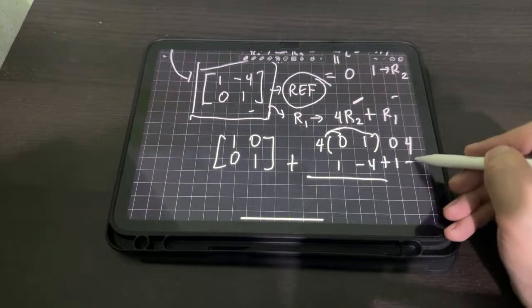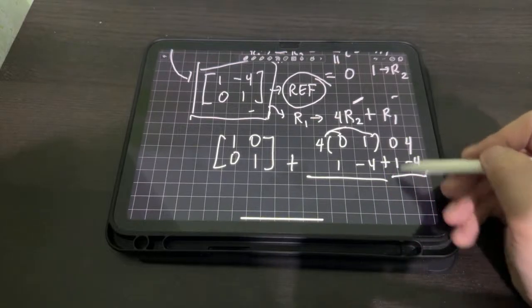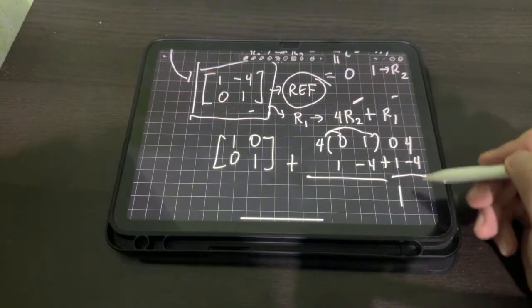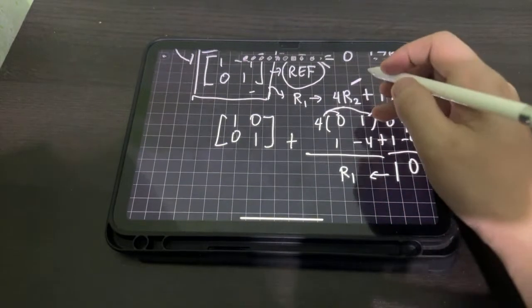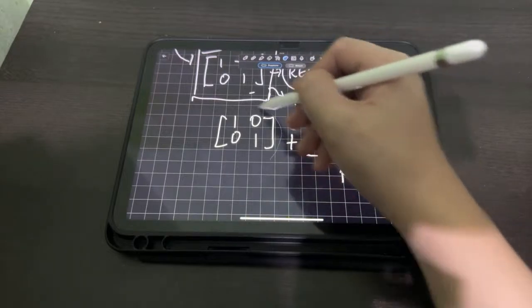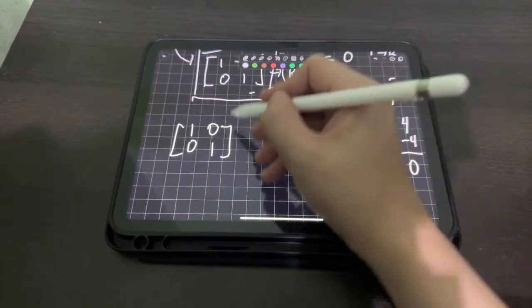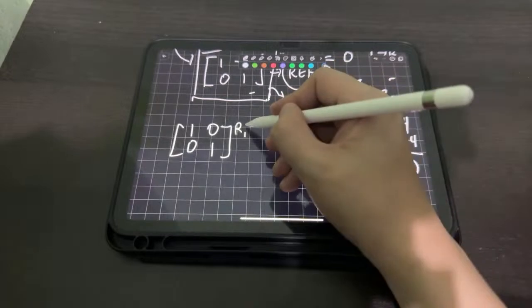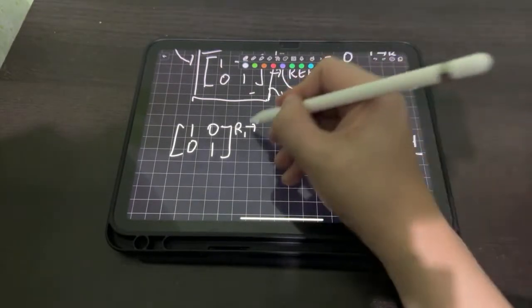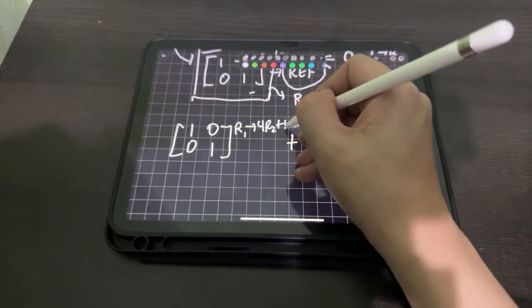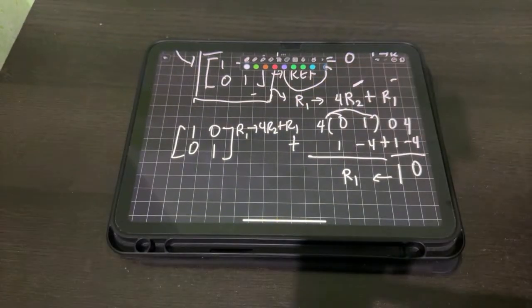Plus 1, negative 4. So 0 plus 1, it's 1. Then 4 plus negative 4, 0. So this will be the new entries in R1, which is this one already, right? So we have R1 equivalent to 4R2 plus R1.